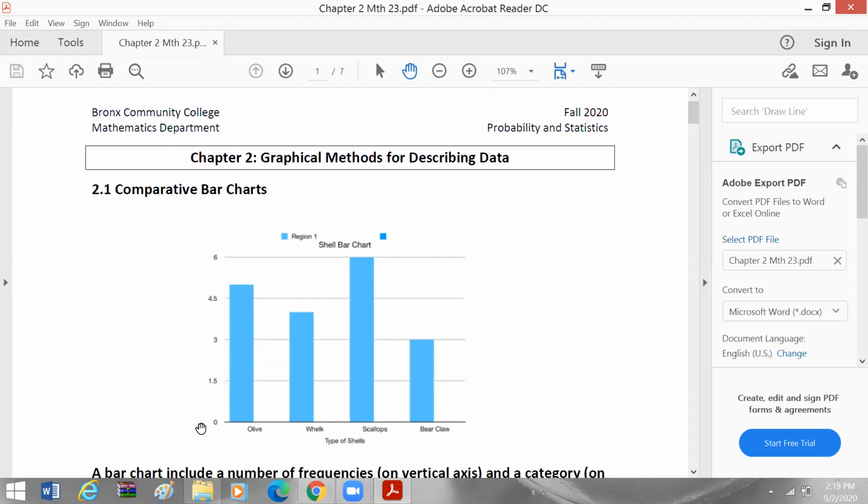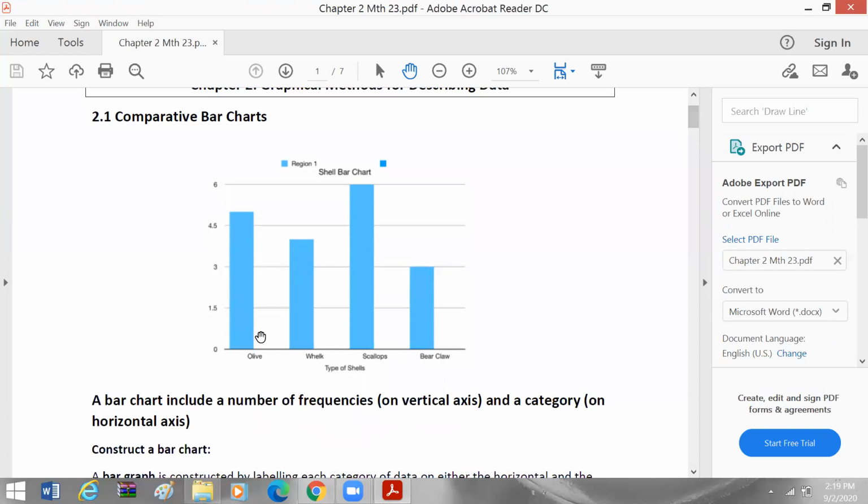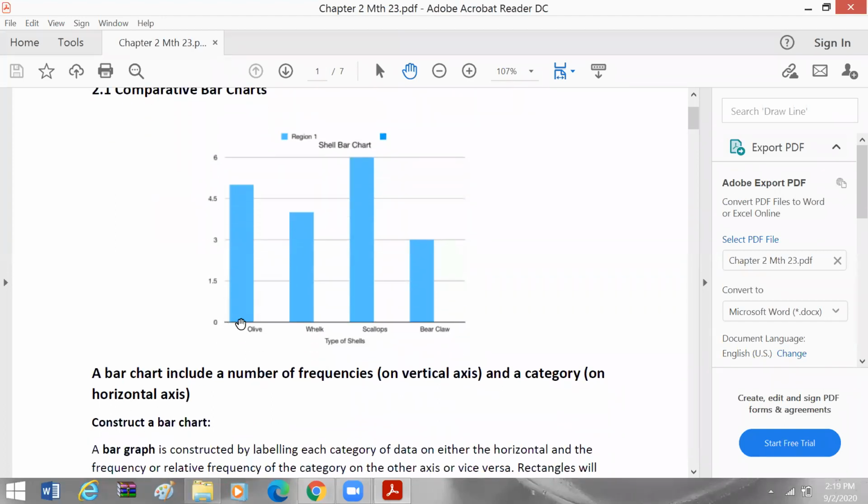So what is the bar chart? The bar chart consists of two parts. One will be called the category, so one will be the names, and then another one will be called the frequency. The frequencies, as is usual in this class, will be on the vertical axis, so the categories or the names will be on the horizontal axis.